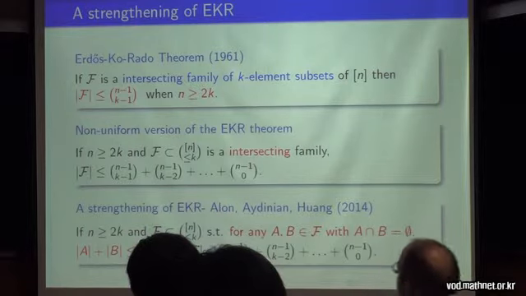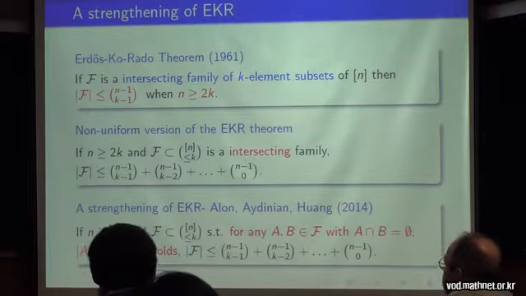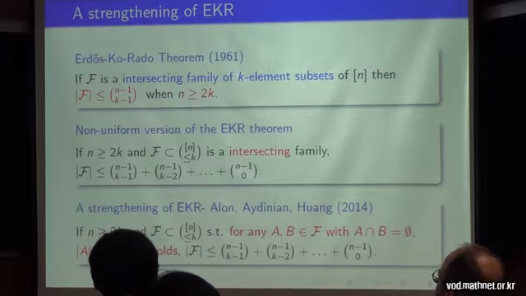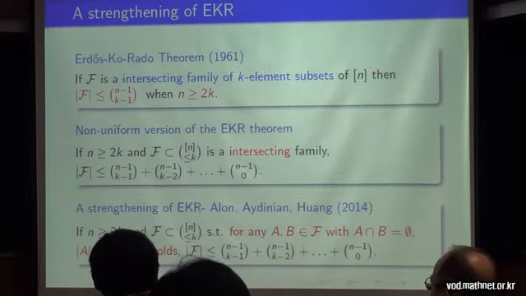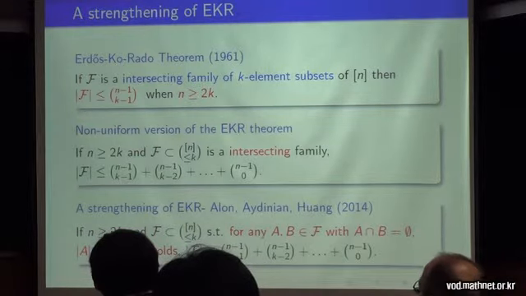In 2014, Alon and Huang got the same upper bound with a weaker condition than the intersecting family in the non-uniform version. So this one is a weaker condition than the intersecting property.